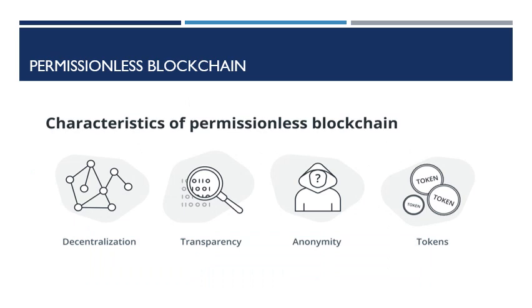Let us now discuss the permissioned blockchain. These are closed networks. Only a set of groups are allowed to validate transactions or data in a given blockchain network. These are used in networks where high privacy and security are required.